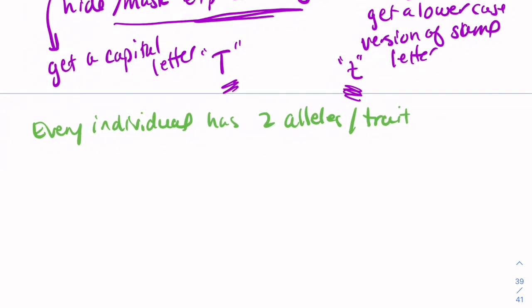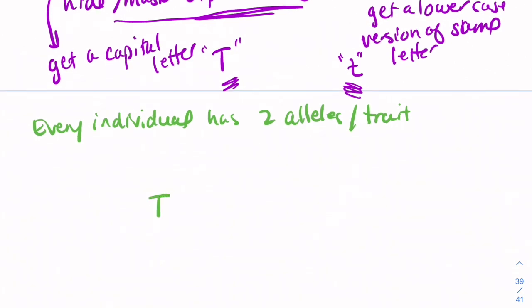Let's say a plant could have 2 dominant alleles. Actually, let me move these. I'm going to give myself a little more room here. Here we go. A plant could have 2 dominant alleles, so 2 capital T's here.